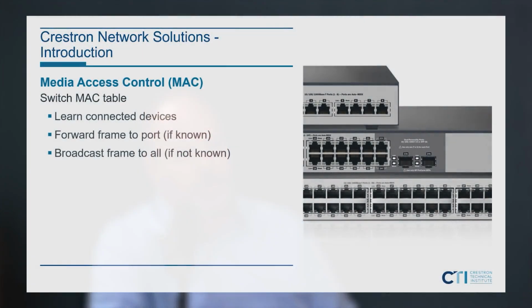Now, the important thing to understand about MAC addresses is they are associated with layer 2 of the OSI. Back when we were talking about switches, every port on a switch, when I plug a device into it, will now associate the MAC address of the device to the interface on the switch.